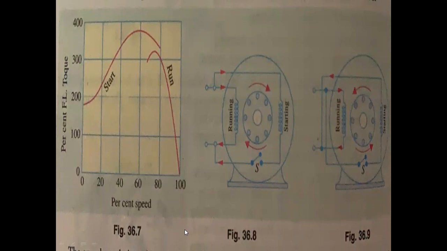Commonly these are available in sizes ranging from 1 by 20 to 1 by 3 HP, that is 40 to 250 watts. For these ratings, the speed ranges from 3450 to 865 RPM.